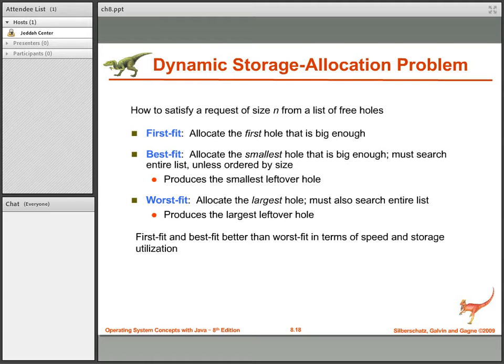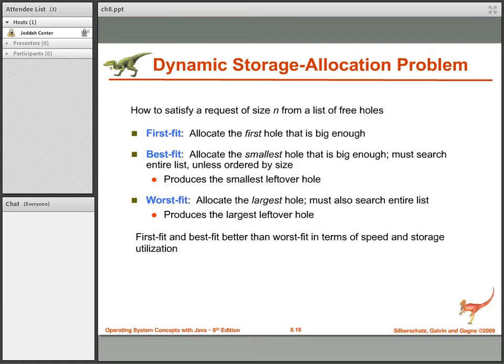And this largest hole that remains will enable you to take more processes in future allocations at a better chance than the best fit algorithm.